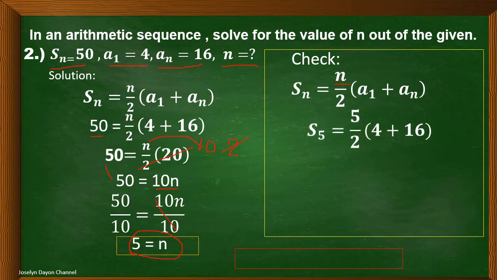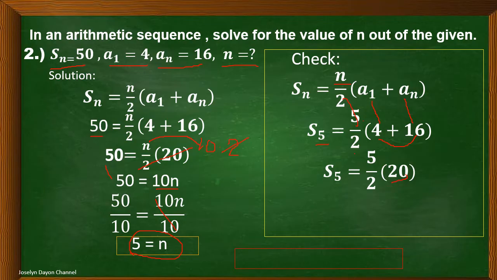So we have the sum of the first 5 terms. We have 5 over 2, and our first term is 4. Our last term is 16. Simplify further, so we have 4 plus 16, the answer is 20. Just bring down 5 over 2. Okay, next we have to multiply 5 over 2 by 20.